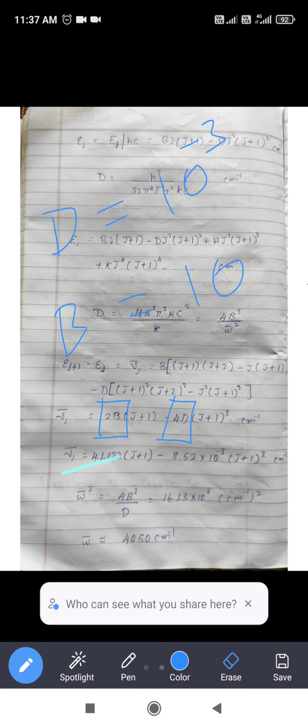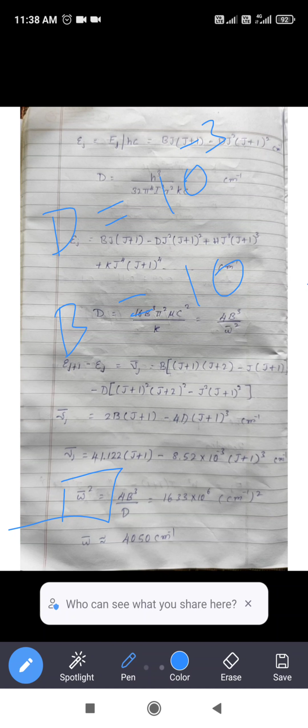From this we can calculate omega bar. What is it? It is not nu, it is omega bar, the vibrational frequency of the bond of the HF molecule.